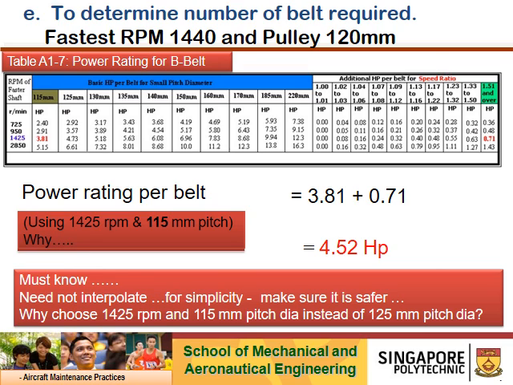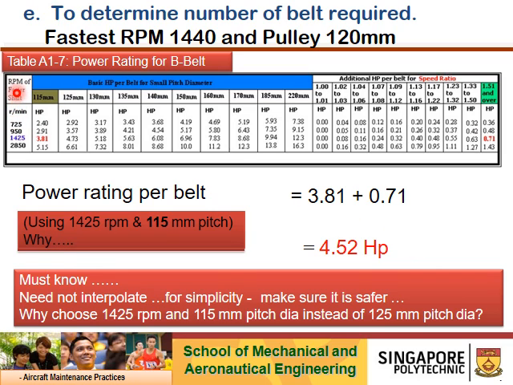If you go to A1-6, I believe it should be for A belt section, A1-8 for C belt, and A1-9 for D belt. So there are 4 different tables for different belt sections. It depends on which belt section you require. In this example, we are using B belt, so that's why we refer to A1-7.